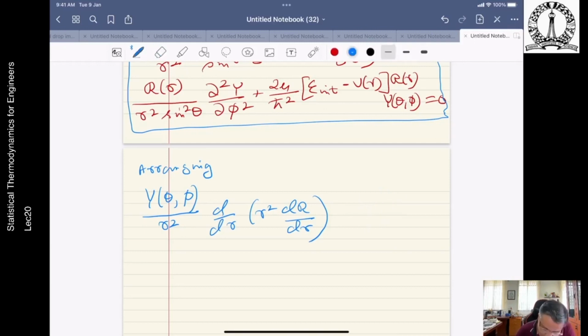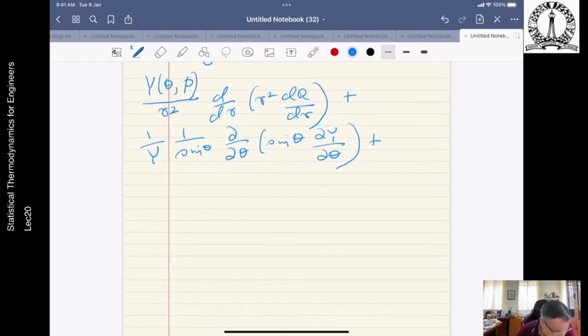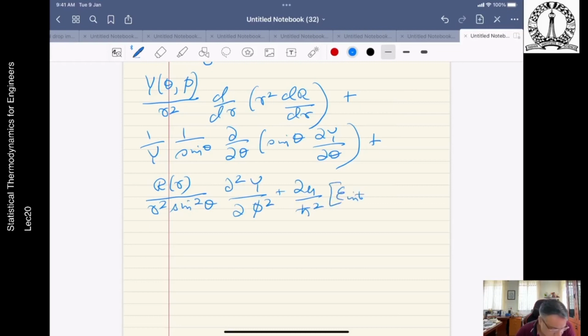So plus 1 over Y sine theta d by d theta of sine theta dY by d theta, plus R over r squared sine squared theta d squared Y by d phi squared, plus 2 mu by h bar squared, R Y(theta, phi) is equal to 0.